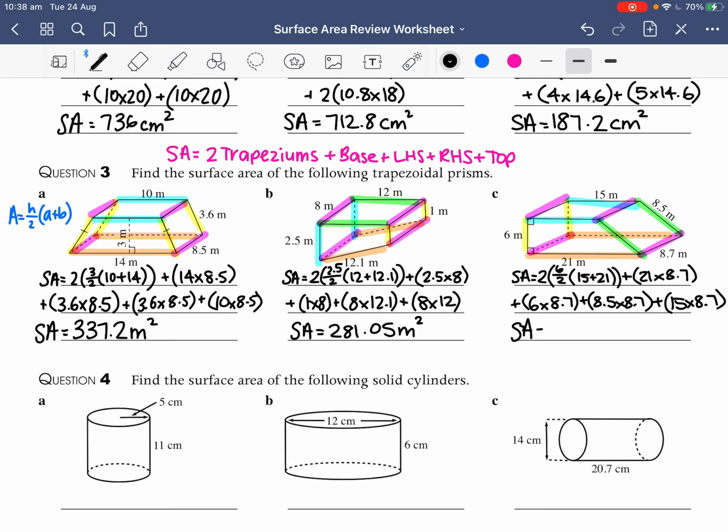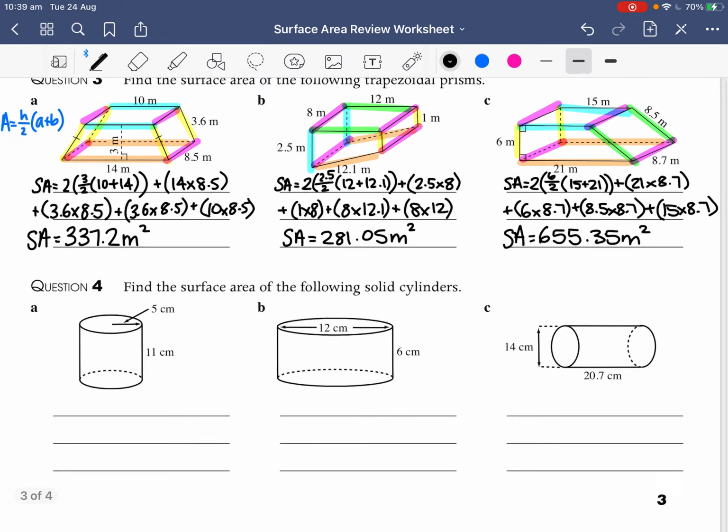So our surface area equals, put this into our calculator, 2 lots of 6 on 2, lots of 15 plus 21, plus 21 times 8.7, plus 6 times 8.7, plus 8.5 times 8.7, plus 15 times 8.7 equals 655.35 meters squared.